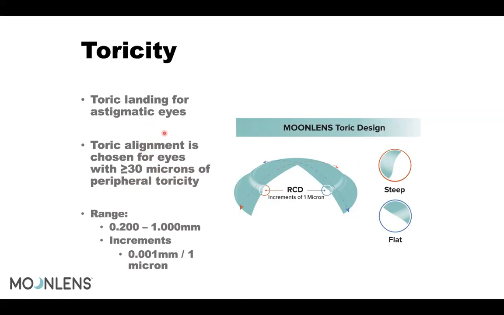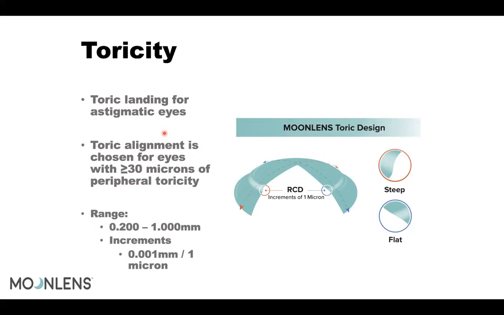Just remember, whenever you are doing Ortho-k, you are not correcting the astigmatism of the patient. The toricity built into the lens is not for that purpose. It's just to align the lens better. That is why whenever you see the calculator, you're just going to see the spherical refraction required.